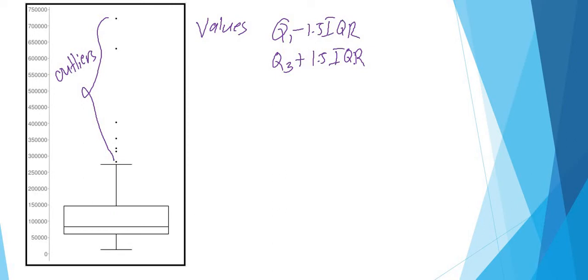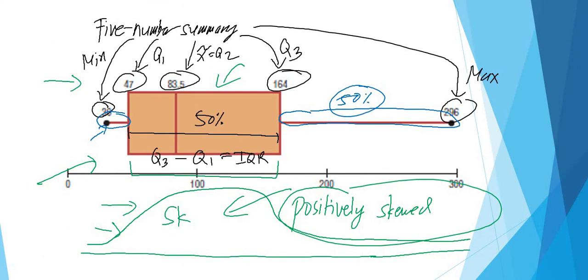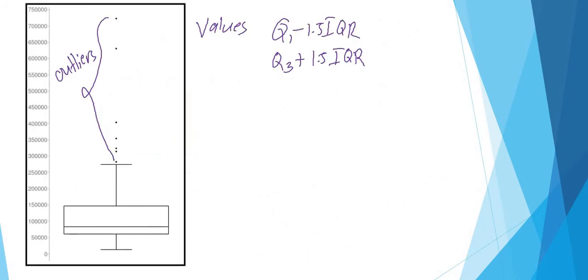Just to clarify, there are box plots wherein the outliers are inside the whisker, and there are box plots where the outliers are outside the whisker. So we just have to double check.